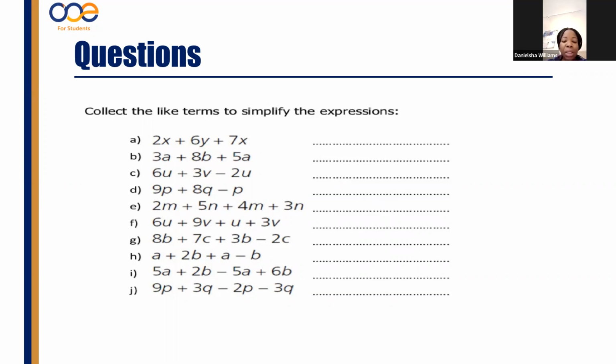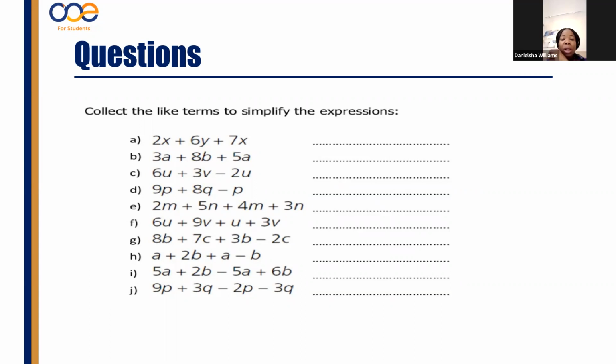As Nathan and Courtney have said, in order to simplify algebraic expressions, meaning expressions with variables, coefficients and constants, we first have to be able to identify which terms are alike, meaning which terms have the same letter, which terms are all constants, which terms have the same letter and exponent.